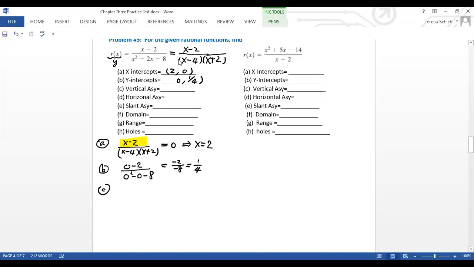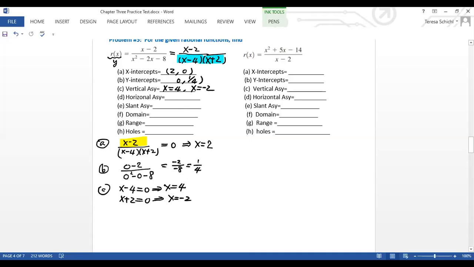The vertical asymptote is where the denominator equals 0, right? So x minus 4 equals 0, so x equals 4, and x plus 2 equals 0, so x equals negative 2. The vertical asymptotes are x equals 4 and x equals negative 2.